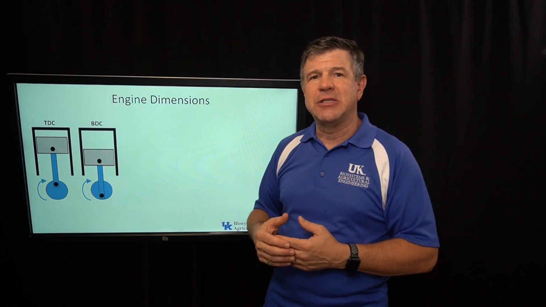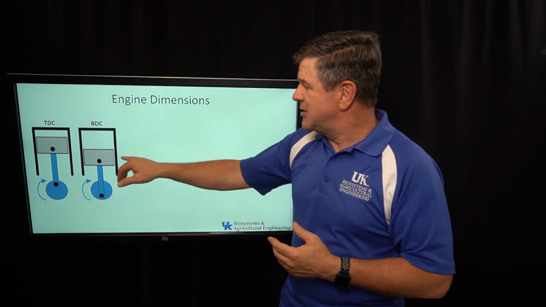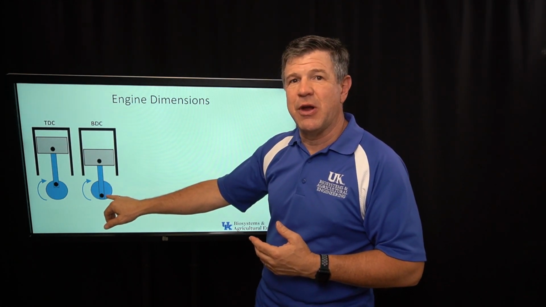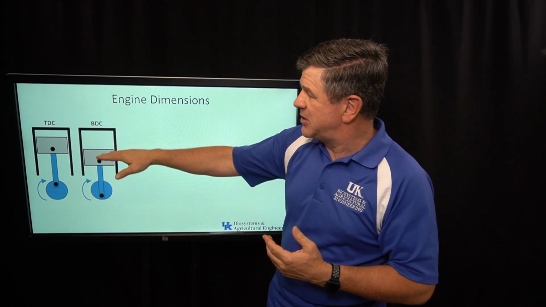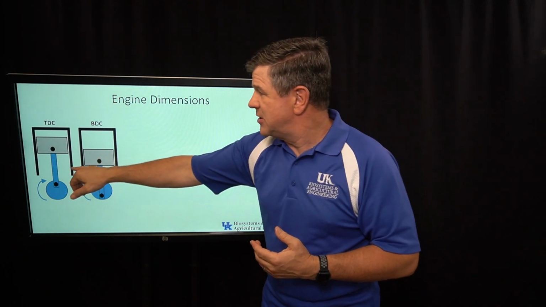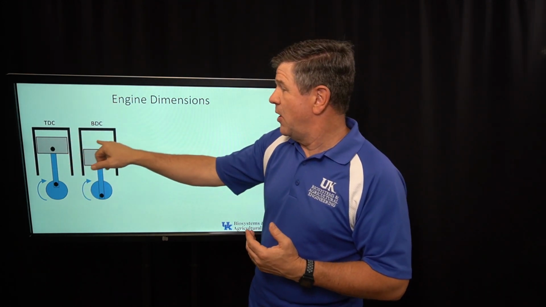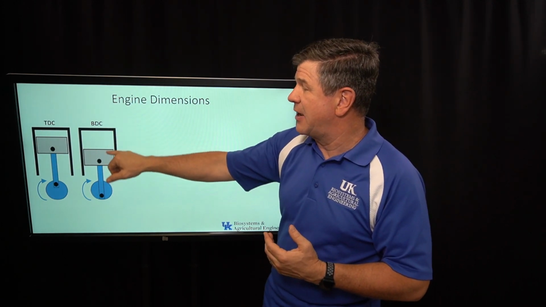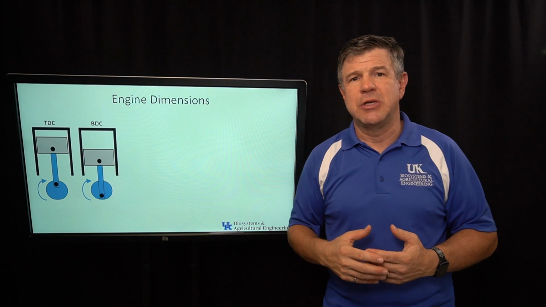So the crank part of that crankshaft is at its very minimum. If you visualize this piston, this is as high as it is ever going to go, and this is as low as it is ever going to go. So that piston goes back and forth between those two positions.